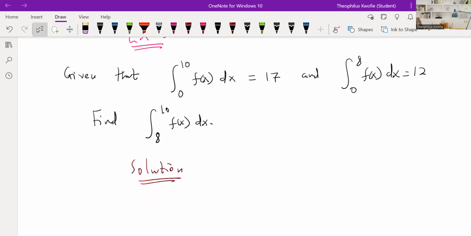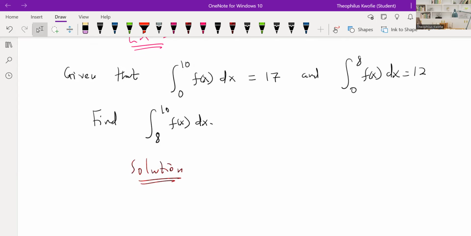Now, if you remember, one of the problems we solved was like we have an interval A to B, then we pick a point C from that. That is a typical example of this problem. It's almost as if we have picked zero as a point within the interval AB.